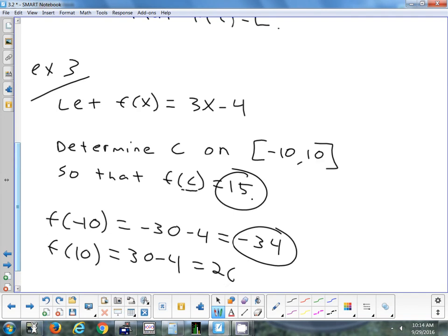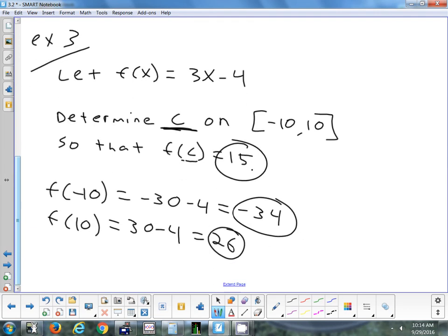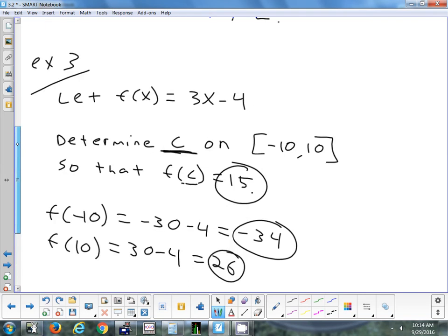26. So this is a line that starts at a y value of -34, goes up to a y value of 26. Am I going to hit a y value of 15? Yeah. At some point, yes. I want to find that point. When do I hit a value of 15? So how would I figure that out?